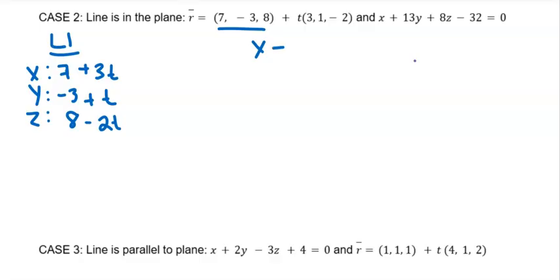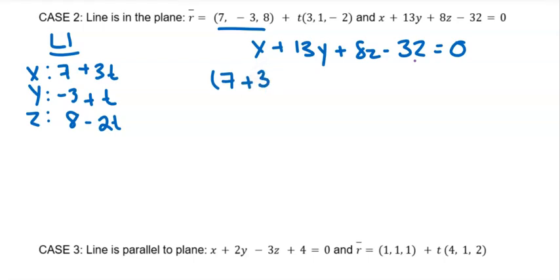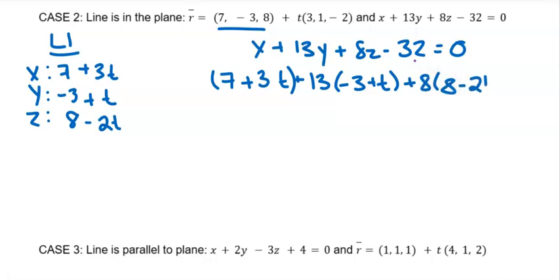My vector expression for my plane, I'm going to sub in my parametric expression. 13, -3 plus t plus 8, 8 minus 2t minus 32 equals 0.